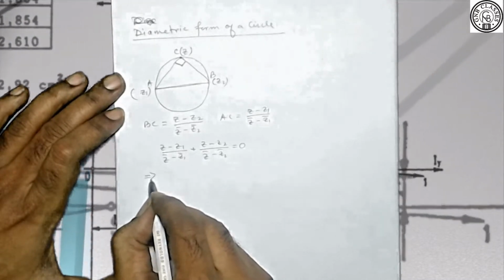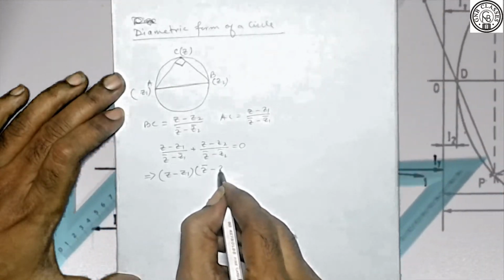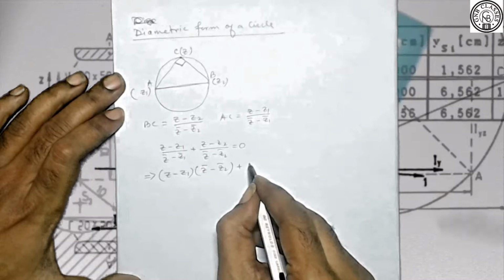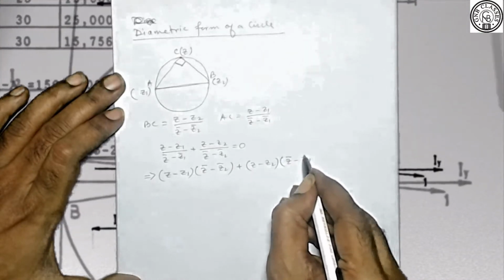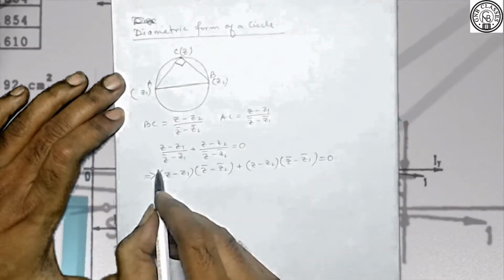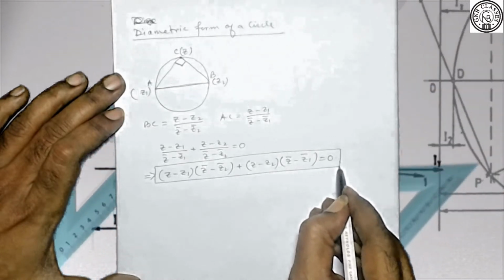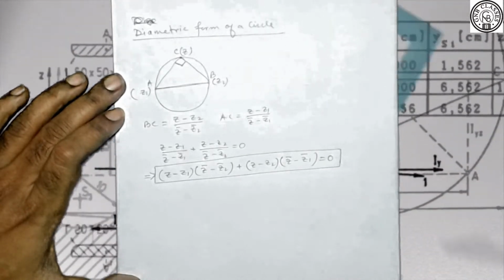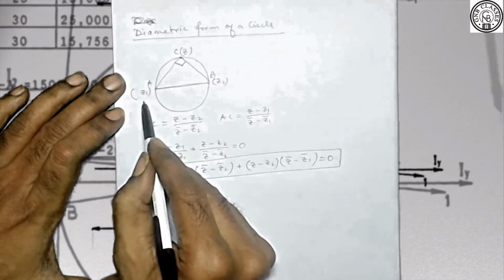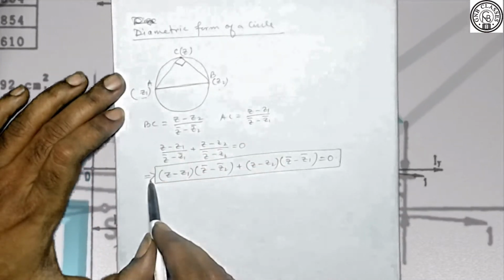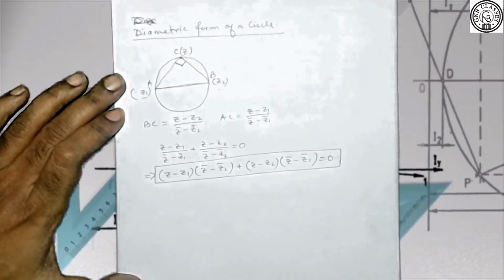Therefore, the equation of the circle becomes Z minus Z1, Z bar minus Z2 bar plus Z minus Z2 into Z bar minus Z1 bar, which is equal to 0. And that is exactly the equation of the circle when the extremities of any one diameter are given like Z1 and Z2. The equation will be this. Is it clear? Is the diametric form of circle clear to you?